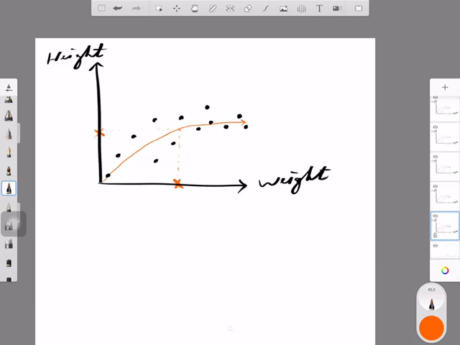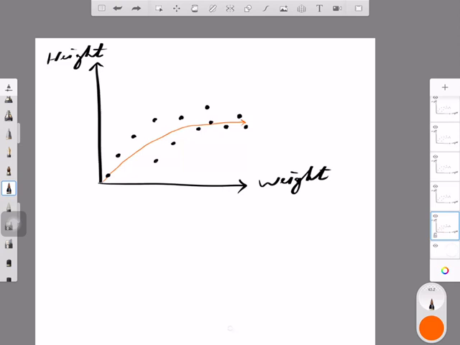It might look like this. No, I don't think it's a good drawing. It will look like this curved line, right? So when you ask me what the weight is, I just follow the formula and grab the height, and I will tell you this is the height for this mouse.